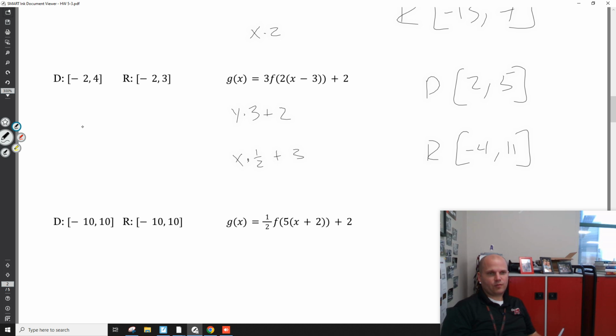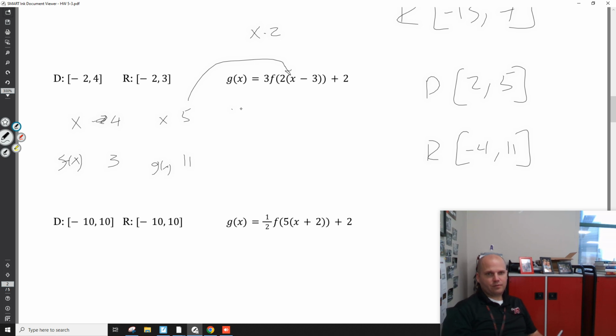Now let's say the original function, f of x, had the point negative 2, let's call it 4, 3. Okay. What I'm saying is that I would need to plug in 5, and I would get 11. If I plugged in an x of 5 into g, my g value should be 11.